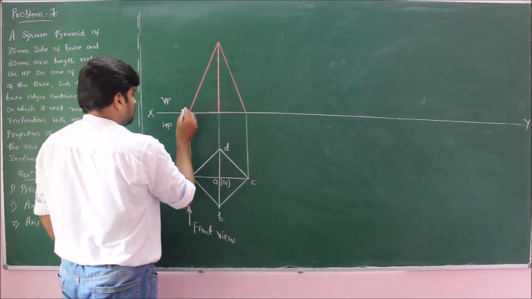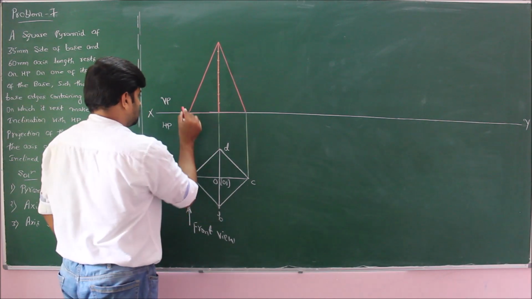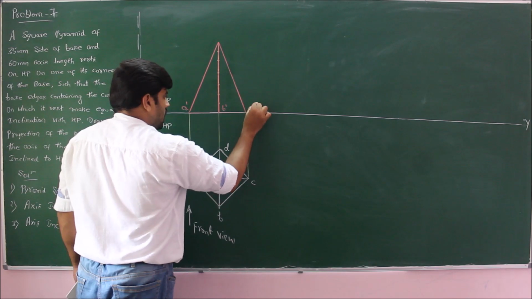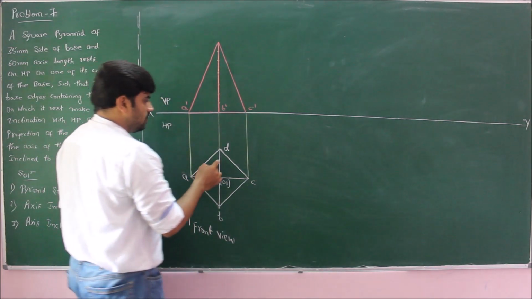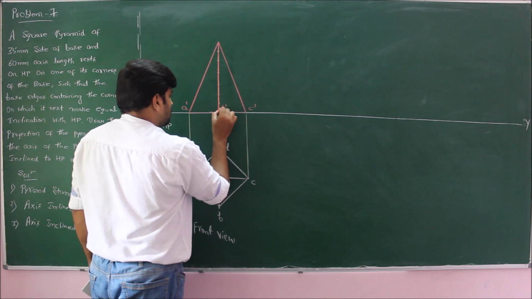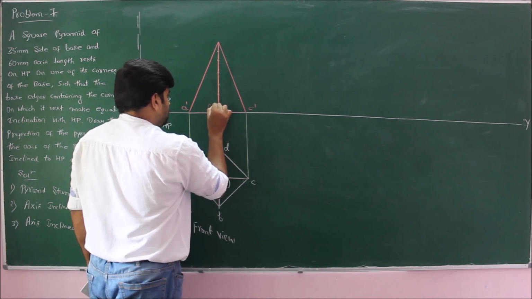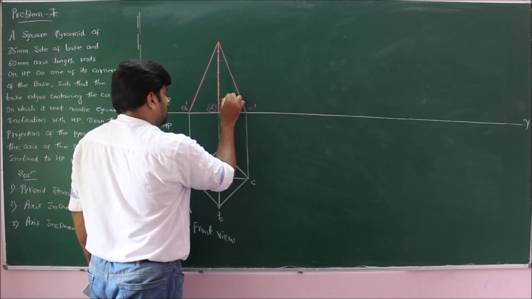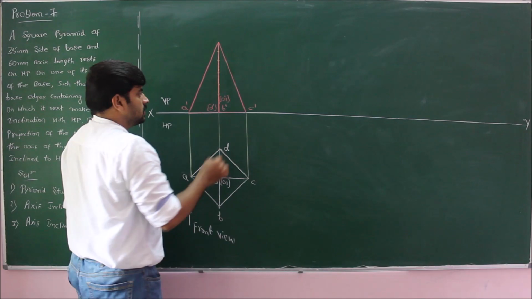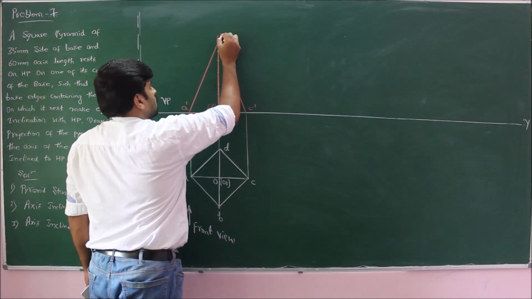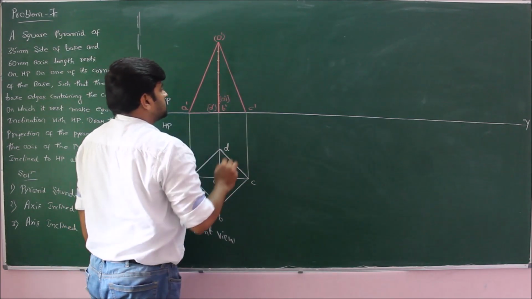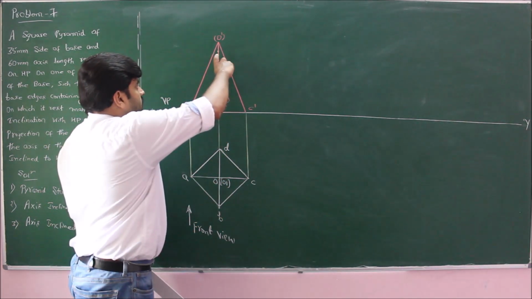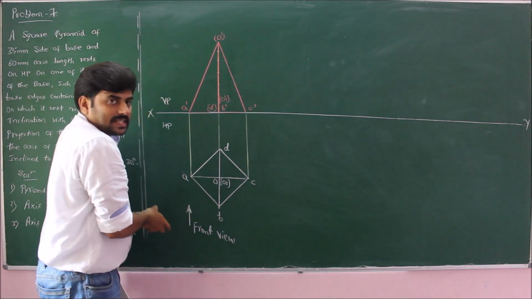Therefore, A prime, B prime and C prime are visible corners, whereas D prime and O1 prime are invisible corners. At the top we have O prime. Axis is always invisible in the front view. Now show the dimension of the axis as well as the base edge.